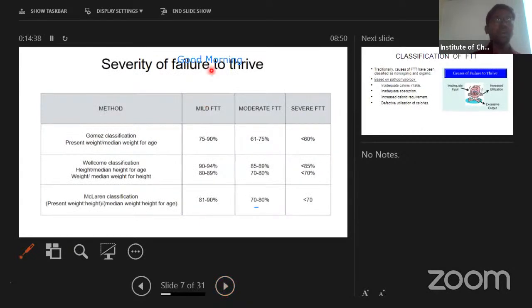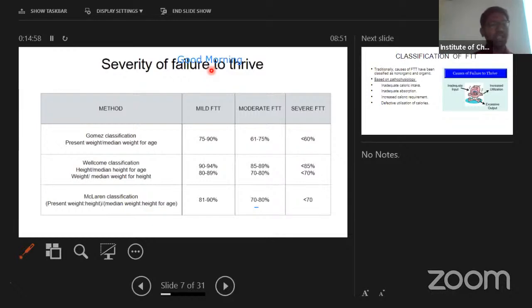The severity of the failure to thrive. The methods present are weight for age, the Gomez classification. Severe failure to thrive is when the weight for age is below 60%.